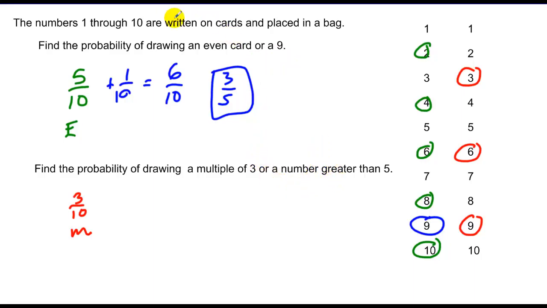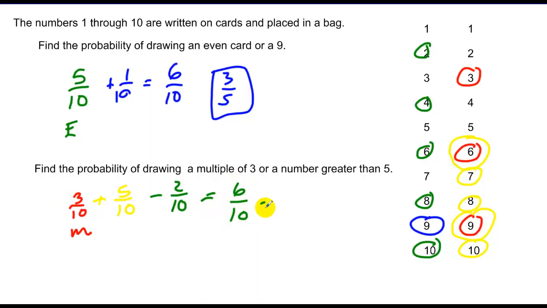If I want a number greater than 5, 6 is greater than 5, 7 is greater than 5, 8, 9, and 10. So you'll see there's 1, 2, 3, 4, 5 numbers in yellow. But I've got overlap. And overlap is 2/10, sorry. So I add these up, get 6/10, which again equals 3/5.